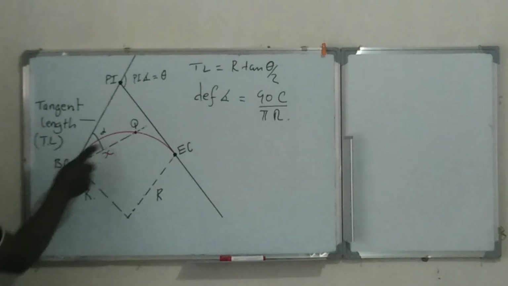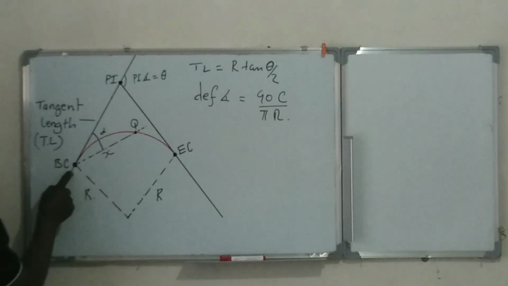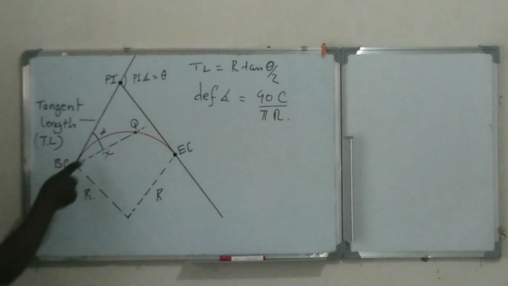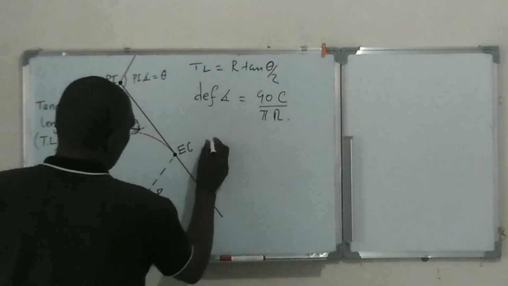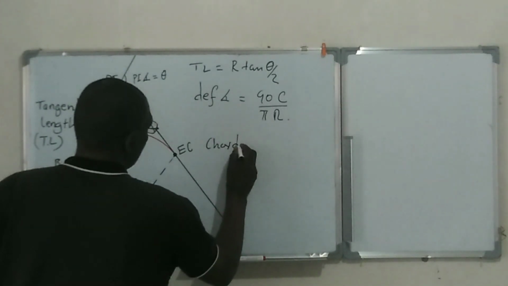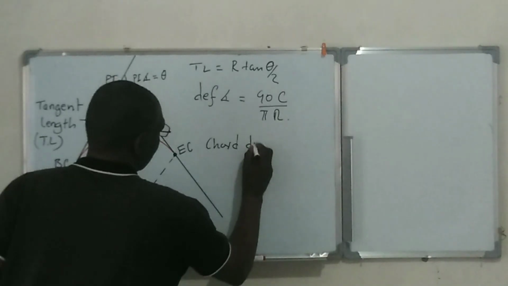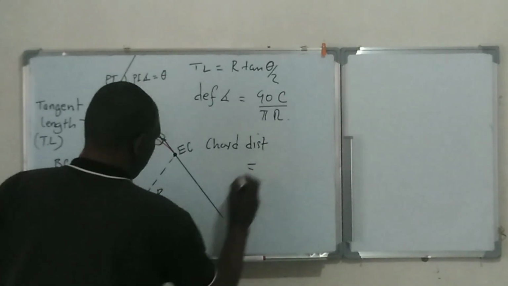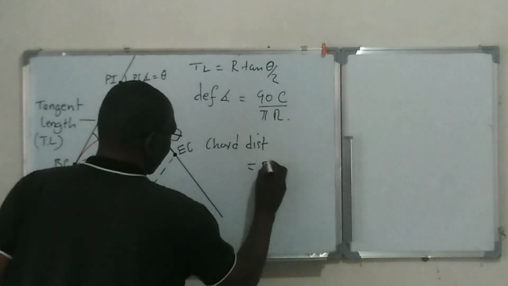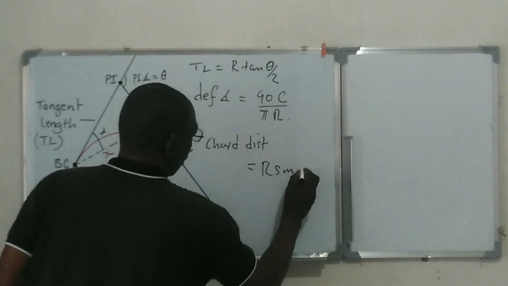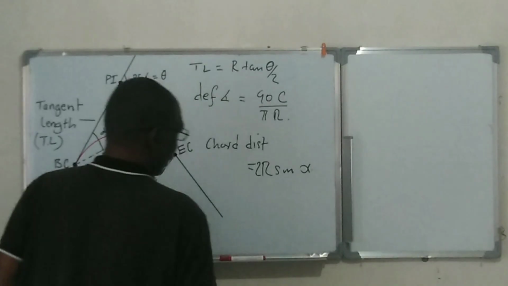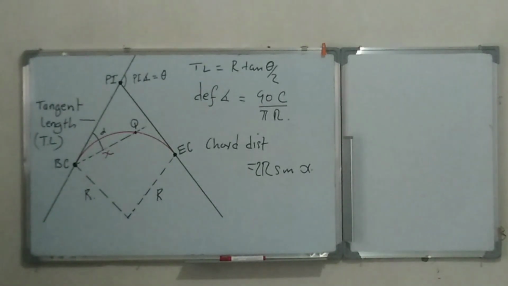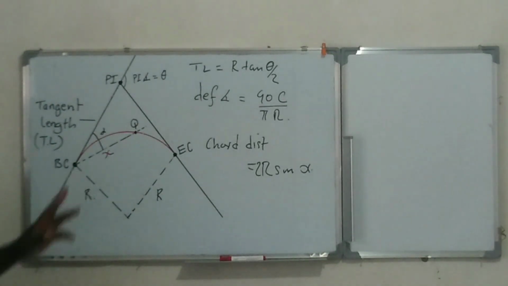Now, what about the distance we have to measure from the BC to there? That distance, let's call it x. So what is x? X, the chord length or distance, is given by 2r sine of alpha. So our chord length is given by 2r sine of alpha.